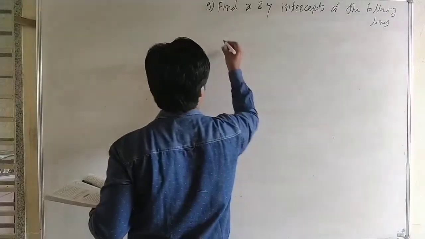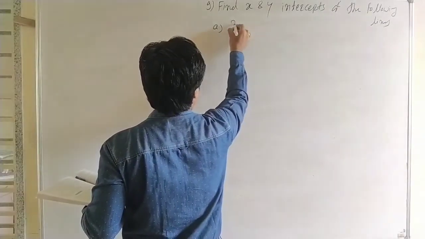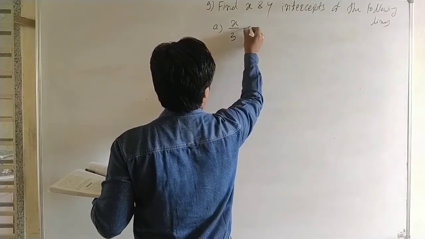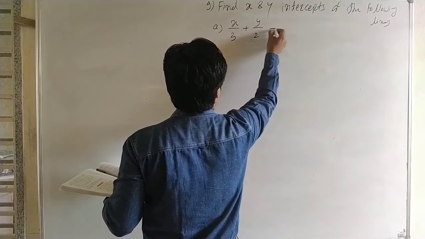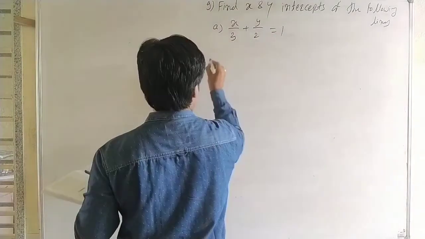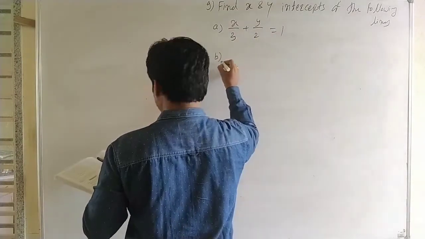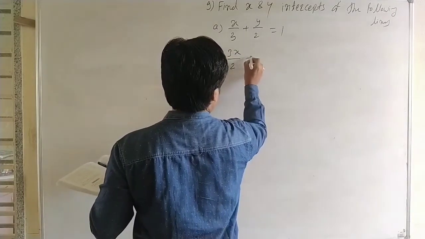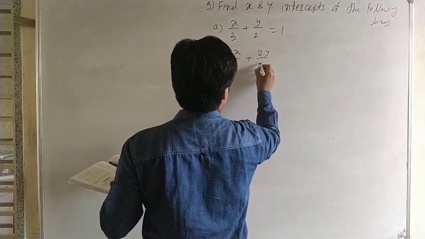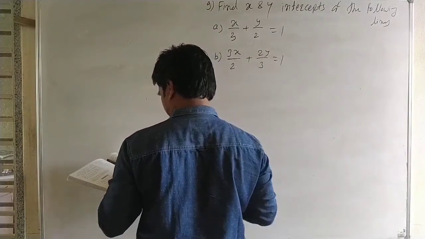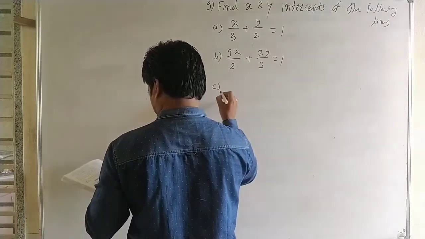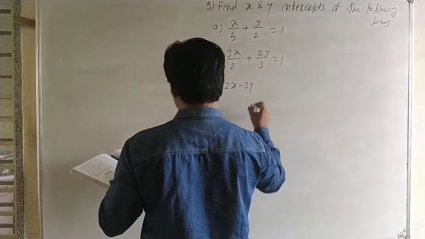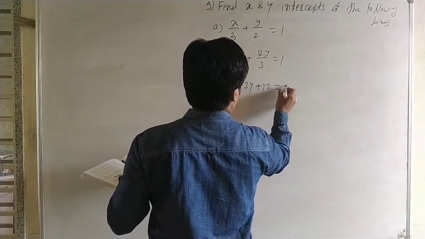Okay, see carefully here. First example, x upon 3 plus y upon 2 is equal to 1. Second, 3x upon 2 plus 2y upon 3 is equal to 1. And last, 2x minus 3y plus 12 is equal to 0.